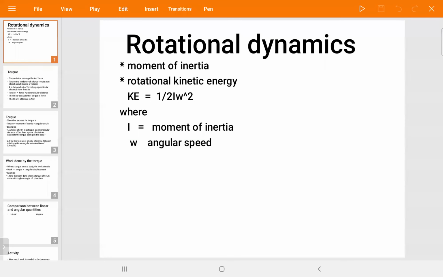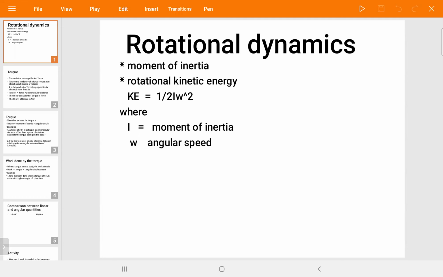Let's start today's discussion, which is the extension of rotational dynamics. As you remember, we have said some points about moment of inertia and rotational kinetic energy, and today we are going to see work done by rotational motion, and also torque.